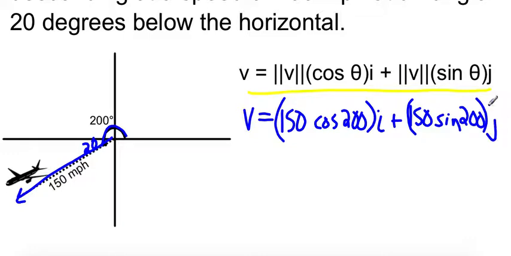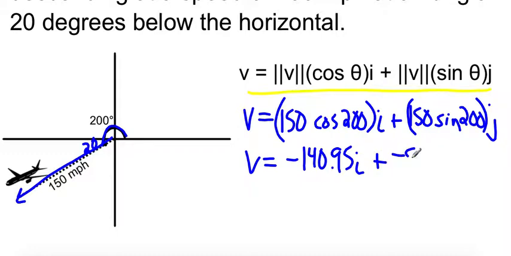j. Okay, so all we're going to do is put this into our calculator. 150 cosine 200, so I get negative 140.95 i, and 150 sine of 200, negative 51.3 j.